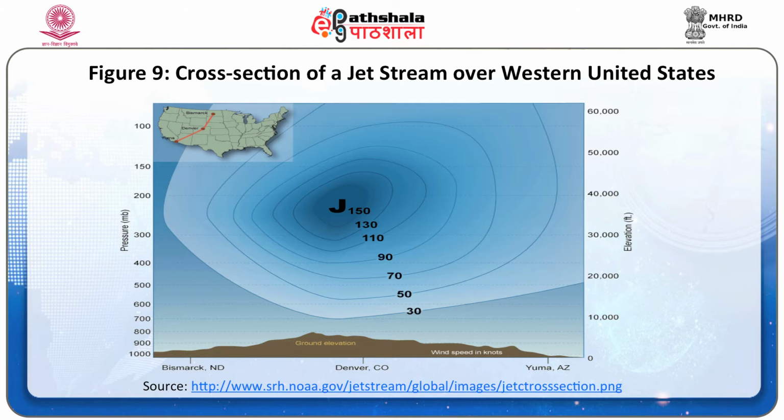In this figure number 9, the cross section of the jet stream shows circular isotachs over western United States. Isotachs are lines joining places of equal wind velocity.